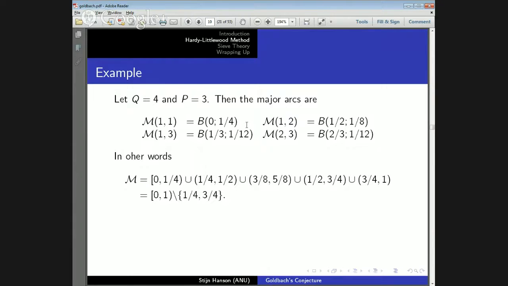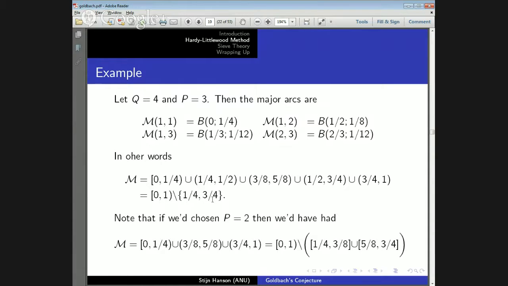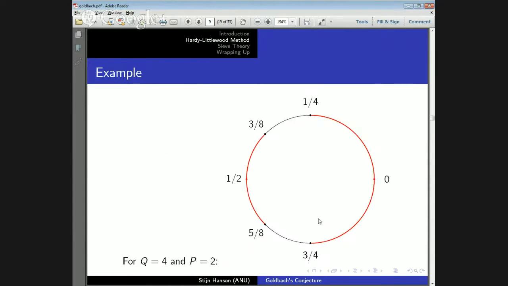And putting it all together, the major arcs equal everything except for the points a quarter and 3/4. And you generally wouldn't actually choose p to be this big. So if we have p a little bit smaller, then we actually get some actual intervals left out. And that's precisely the picture that we had here.